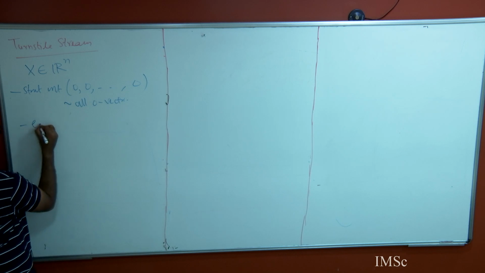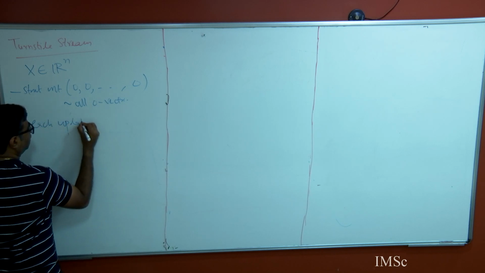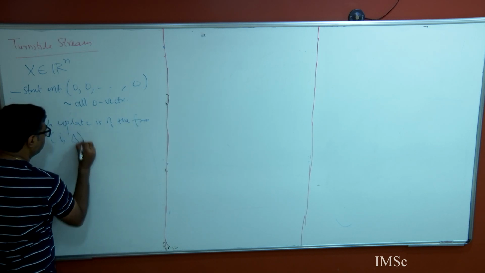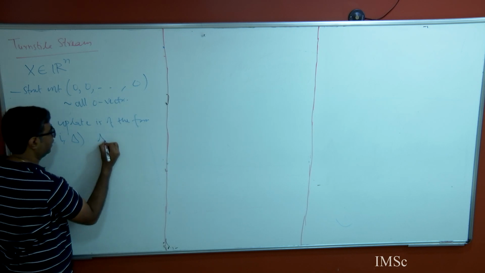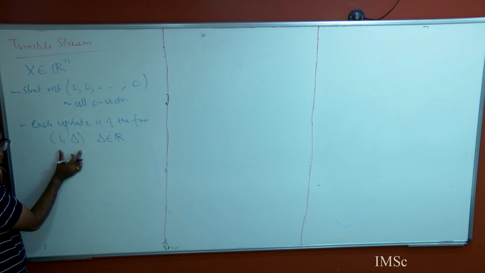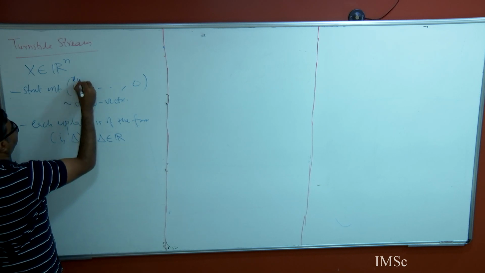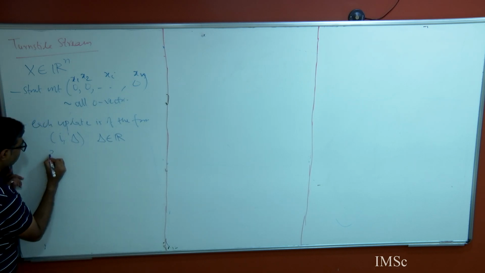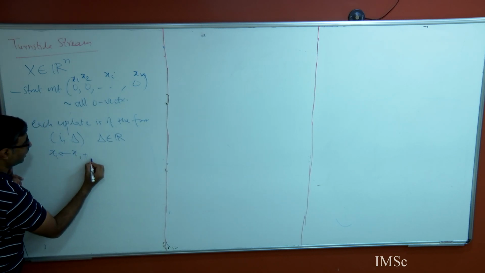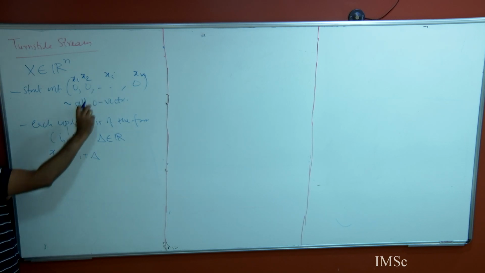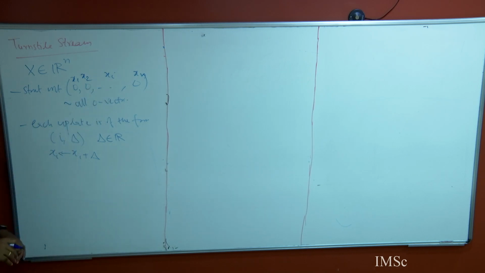Each update is of the form (i, delta), where delta is in R. Think of the vector as x1, x2, dot dot xi, dot dot xn. The update corresponds to xi becoming xi plus delta. You update the ith location with delta.